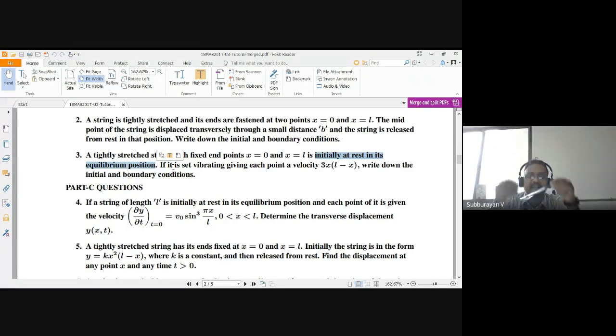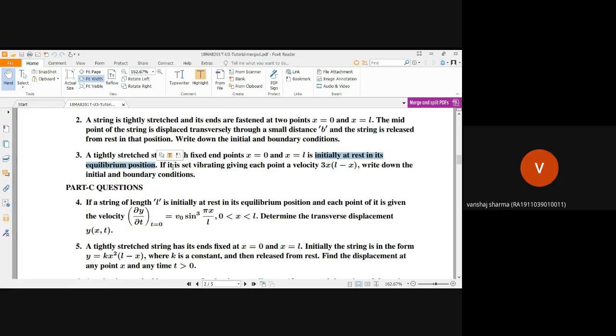Even if it has some non-zero vibration, if I keep the string on the table, then automatically this vibration takes place on the string also, right? Therefore, initially the string has some non-zero vibration that induces the velocity. Therefore, the initial velocity is non-zero. Okay, is it clear?